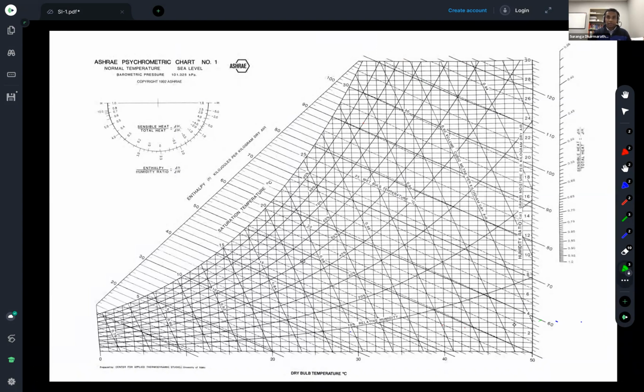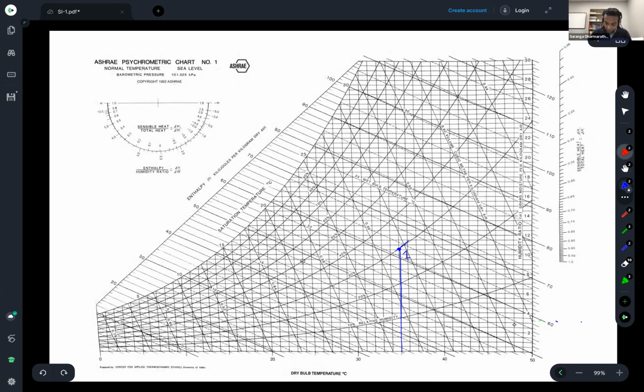The first condition is at 35 degrees and 30% relative humidity. I take the blue pen for that. 35 is here, and 30% relative humidity is here. So this is 1.